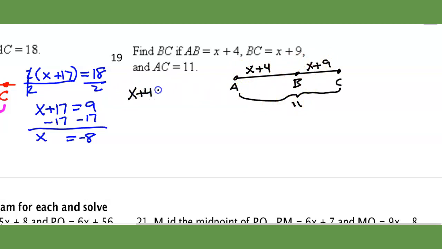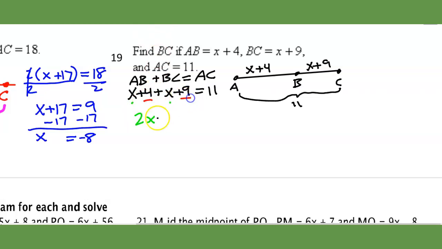X plus 4 plus x plus 9 should add up to 11. So I'm doing AB plus BC will be equal to AC. And just some algebra. We have 2x.